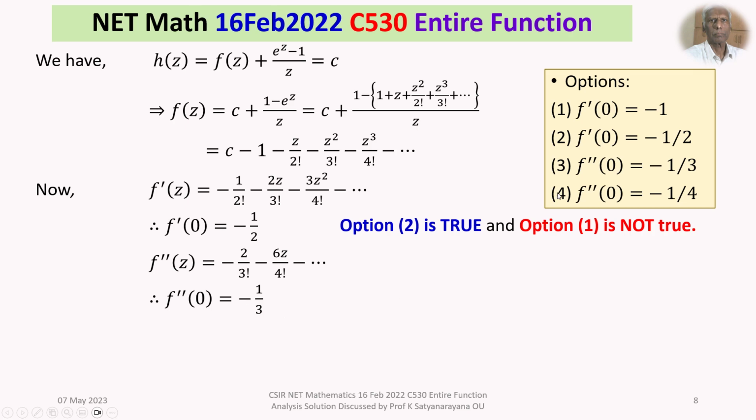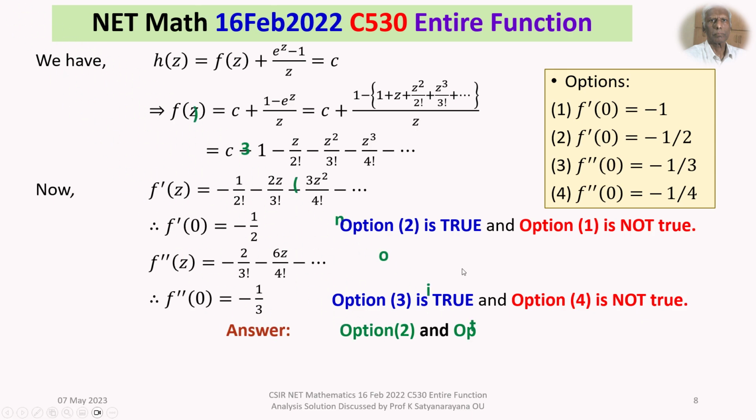Let's look at our options. Our answer f double prime 0 equals minus 1 by 3 appears against option 3. Therefore, option 3 is true. In option 4, it is given f double prime 0 equals minus 1 by 4, but it is not. Therefore, option 4 is not true. So the answer to this question is option 2 and option 3.